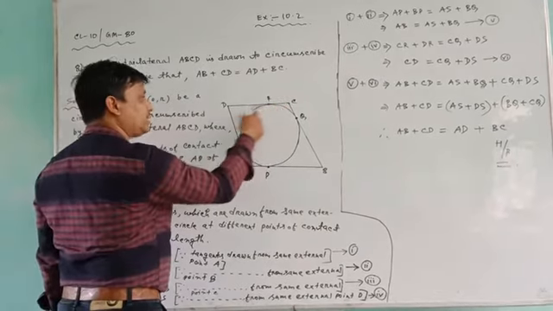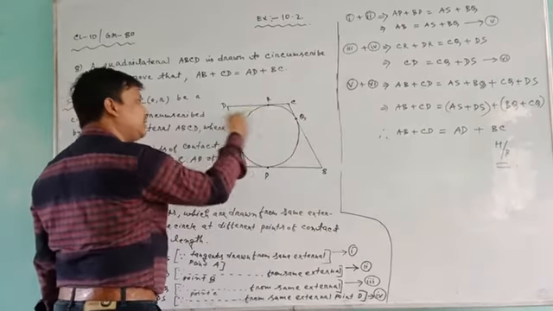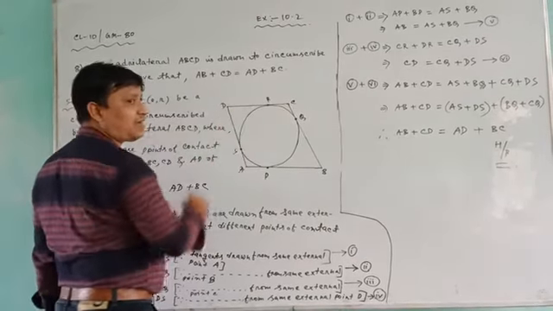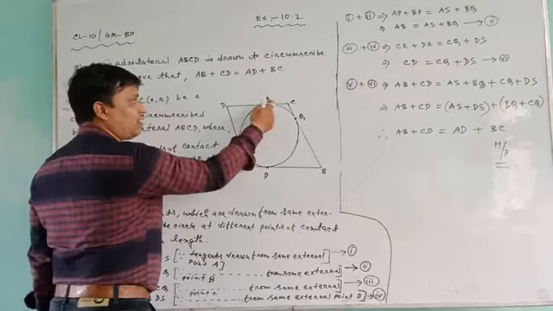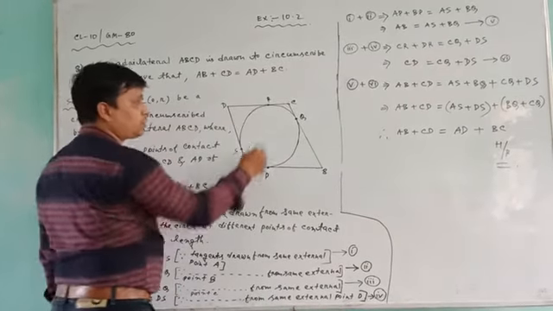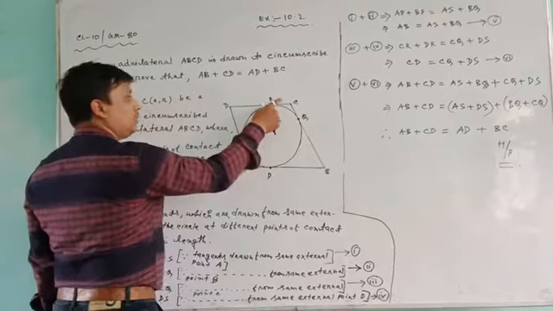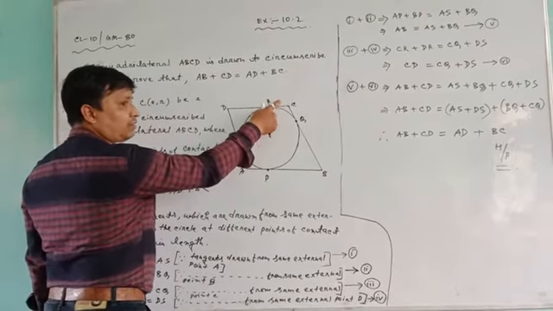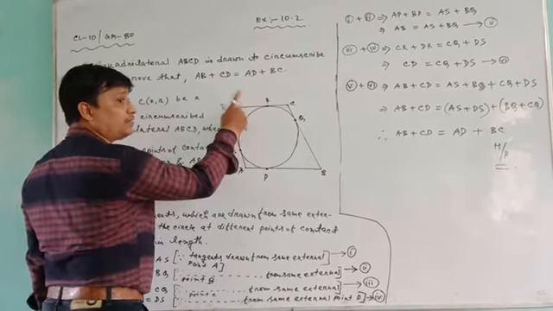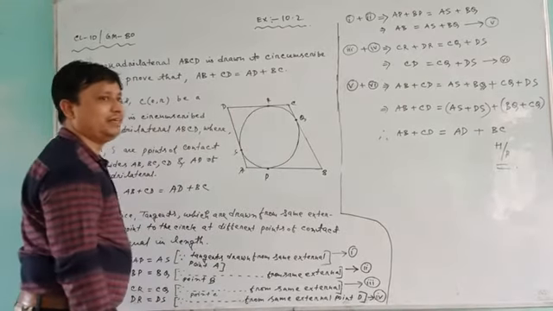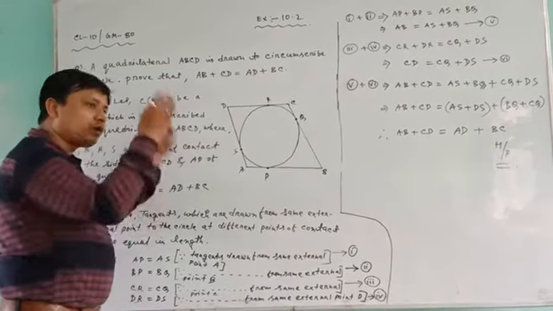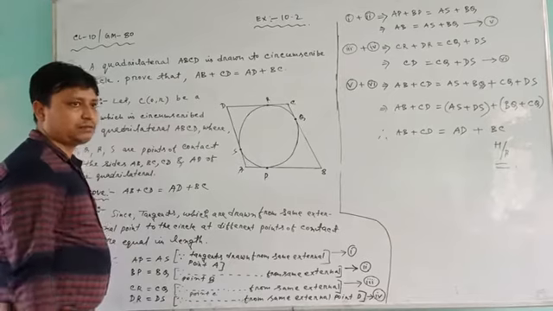CD equals CR plus DR. So first you make a statement for CR, then for DR, then you will get the statement for CD. So that way you have to maintain the sequence.